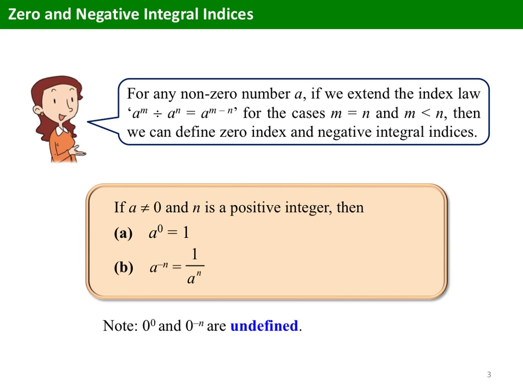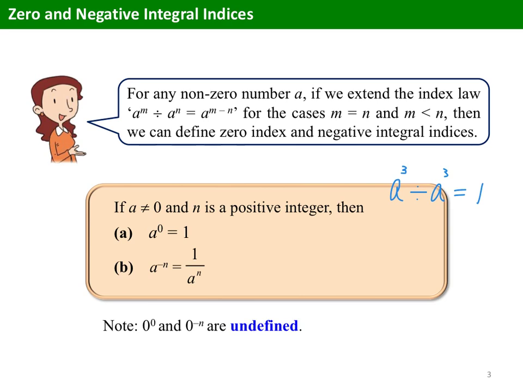Now we try to explain how we get these two formulas we have learned before. For the first one, we consider this case: a to power 3 divided by a to power 3. These two numbers are the same, so the result must be equal to 1.